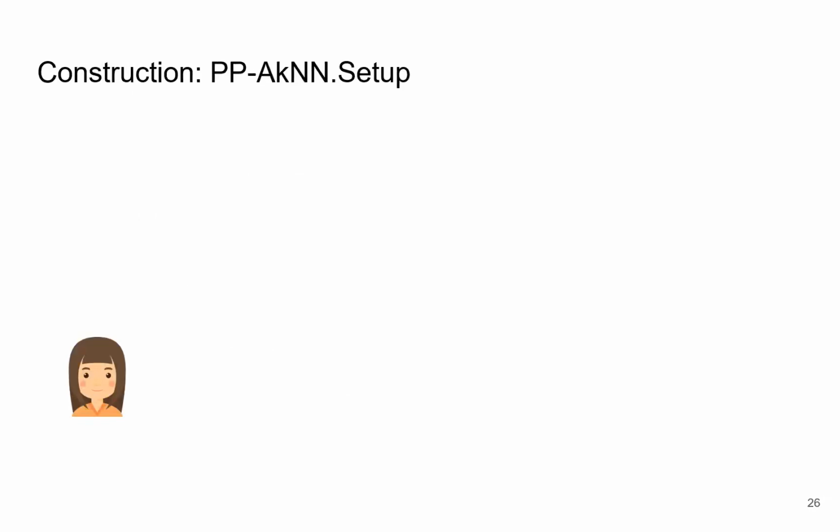Finally, we are ready to build our PPA-KN construction. Let's take a look at the setup stage. The client will first run the OMAP key generation and get her secret key. She will then run the compute parameters algorithm.